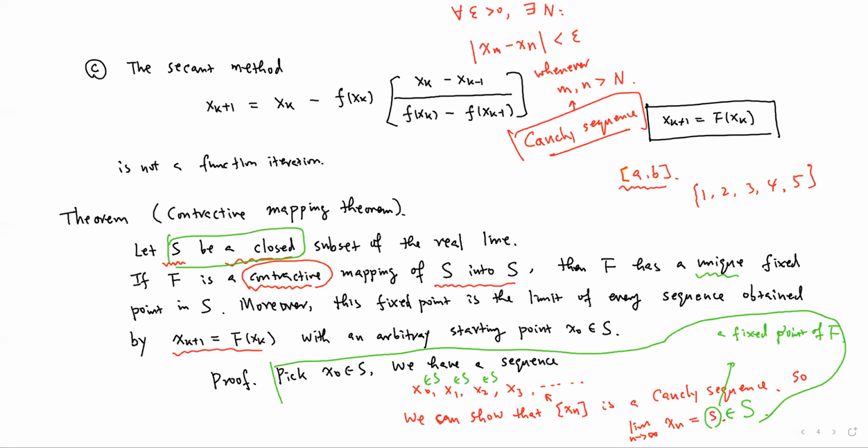And the fixed point is unique. So this theorem is proved. This is an important theorem about functional iteration. Let me show you one example about this theorem.